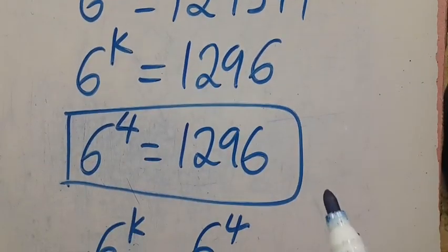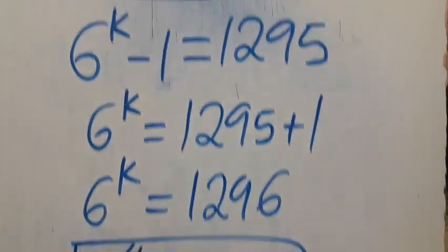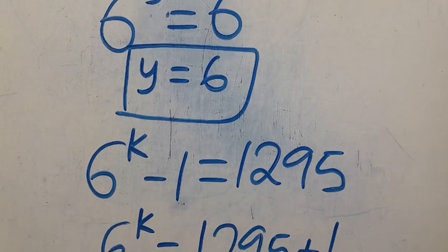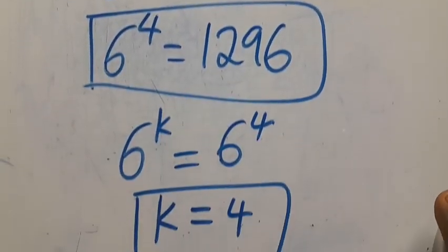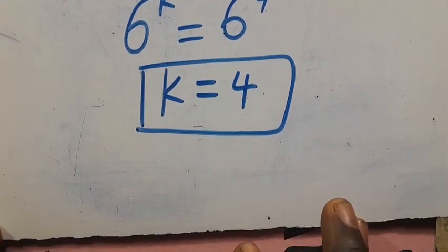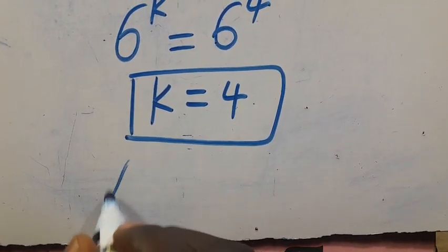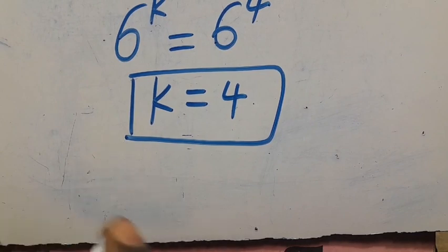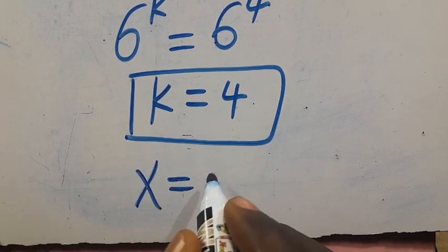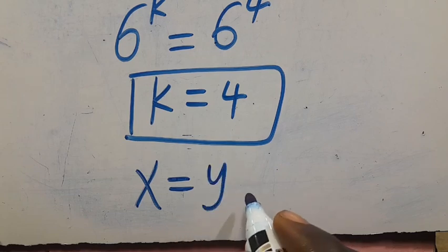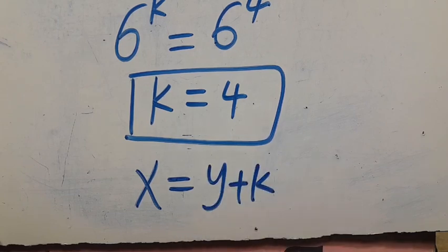So k equals 4 and y equals 6. Recall that we have from the problem that x equals y plus k.